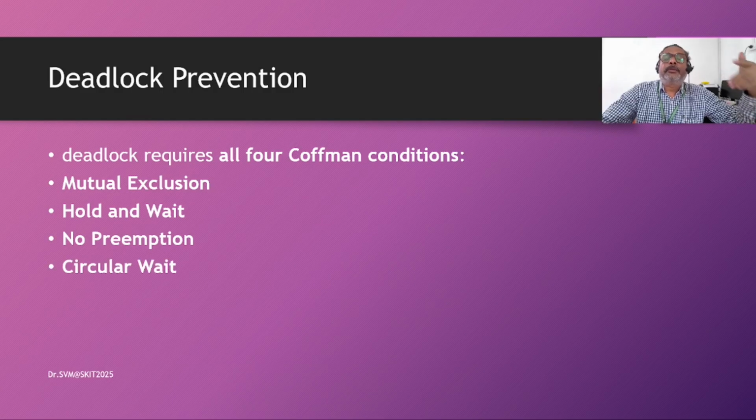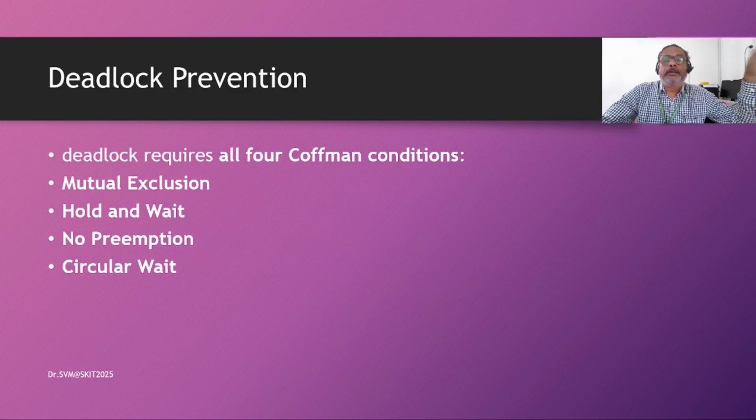And the fourth is circular wait. The first is waiting for the second to complete, the second is waiting for the third, the third process is waiting for the fourth, and the fourth in turn is waiting for the first process to complete. Till the fourth completes, the third cannot complete; till the third completes, the second cannot complete; till the second completes, the first cannot complete; and till the first completes, the fourth cannot complete.